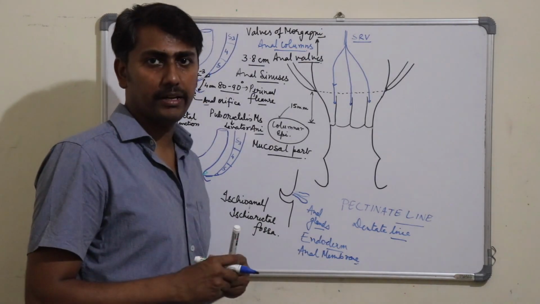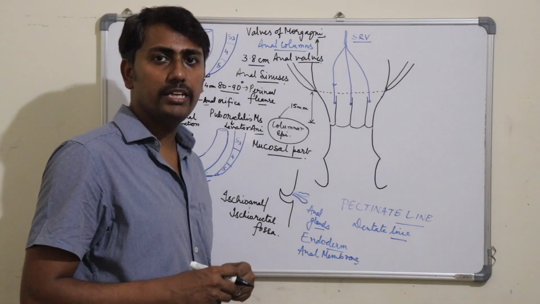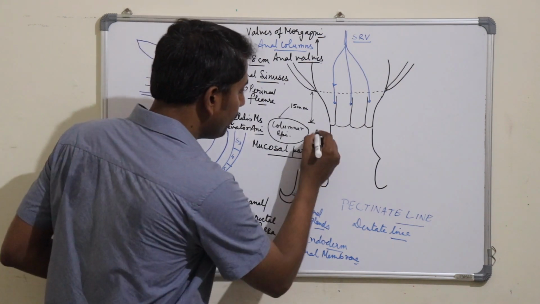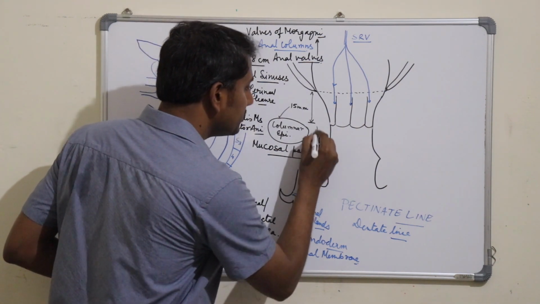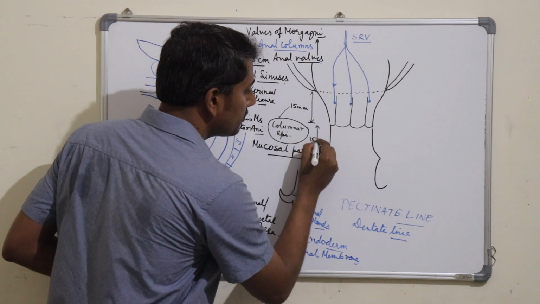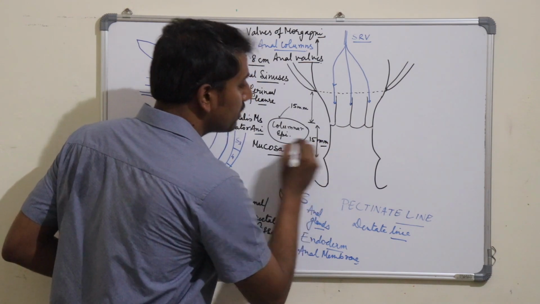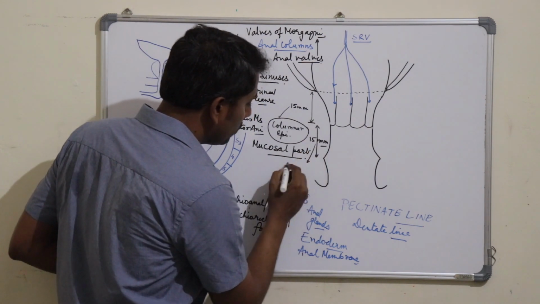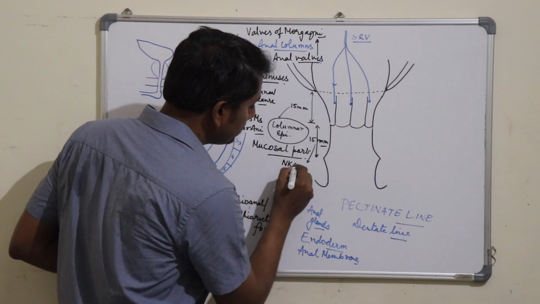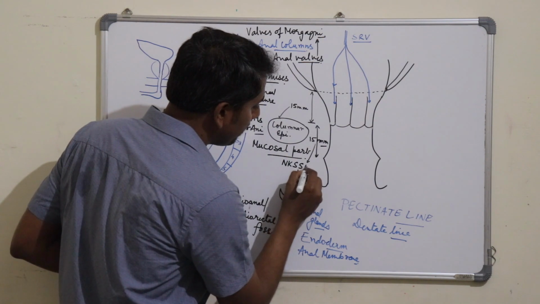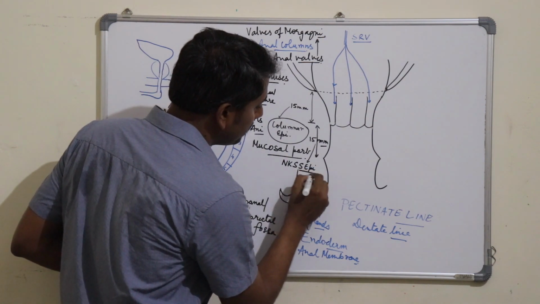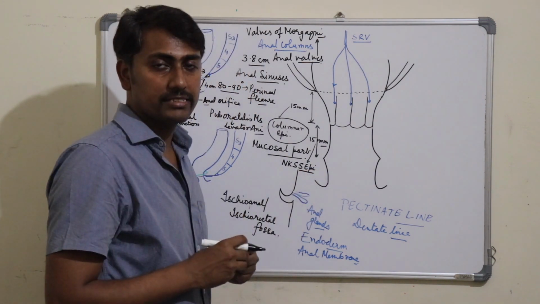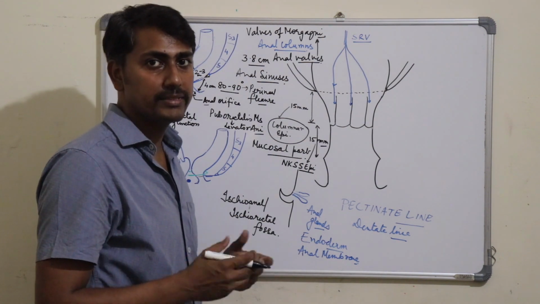Now the second part. The second part or the middle part is also 15 millimeter in length and is lined by non-keratinized stratified squamous epithelium, which lacks the sweat glands and the sebaceous glands.